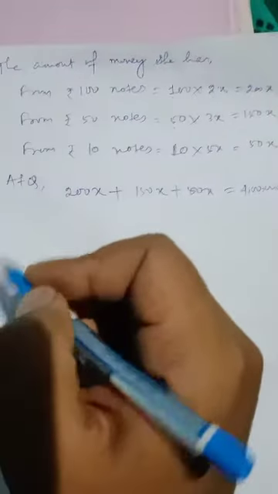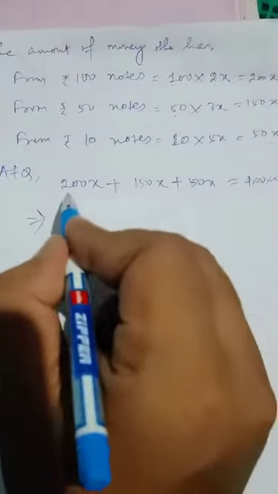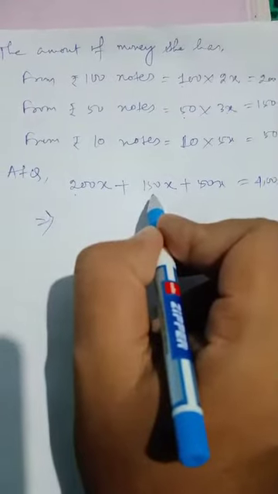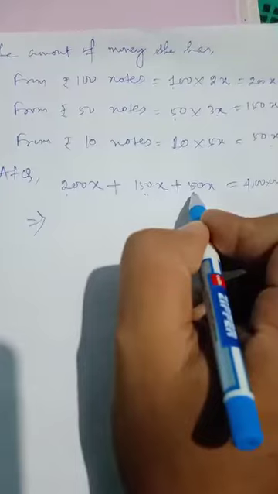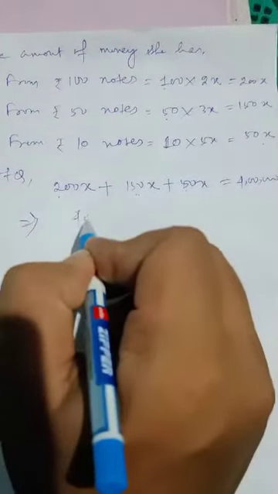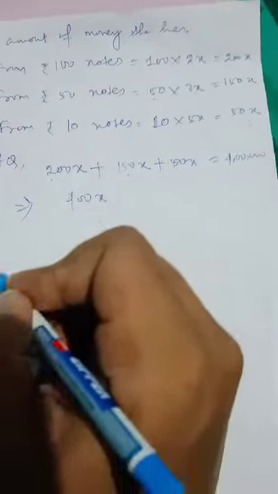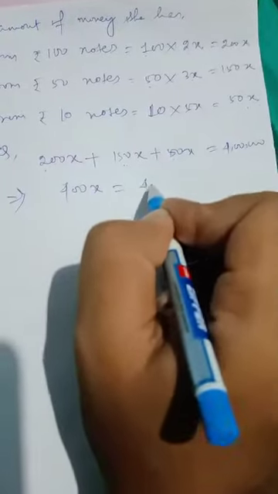This implies that 200 plus 150 is 350, 350 plus 50 is 400. So it will be 400x. 400x is equal to 4 lakh.